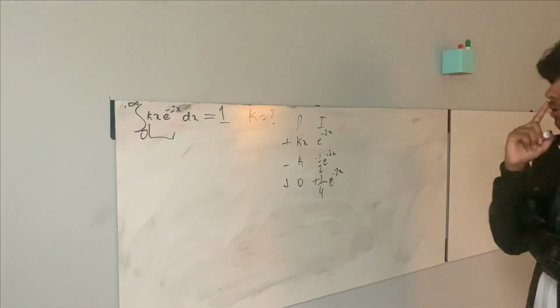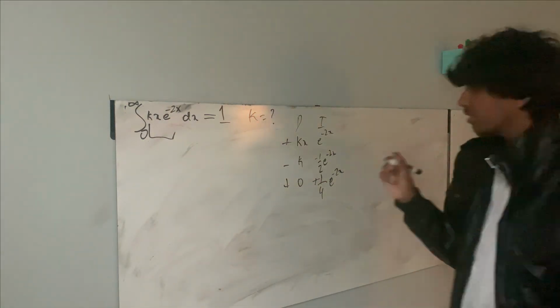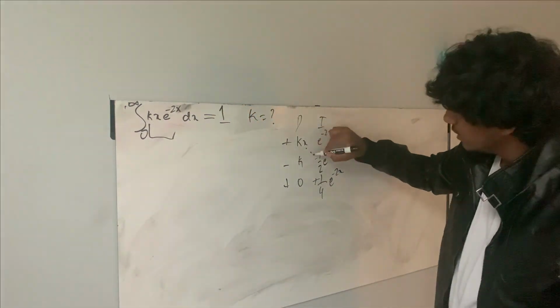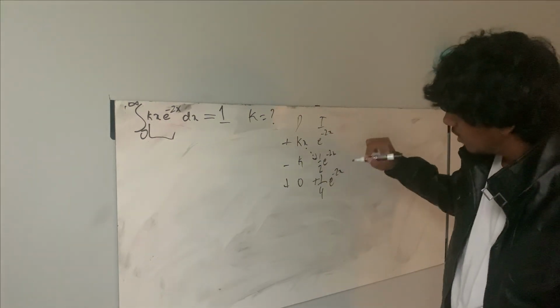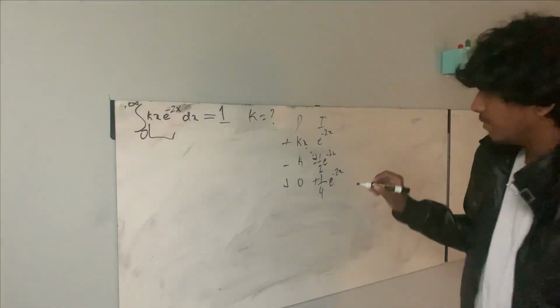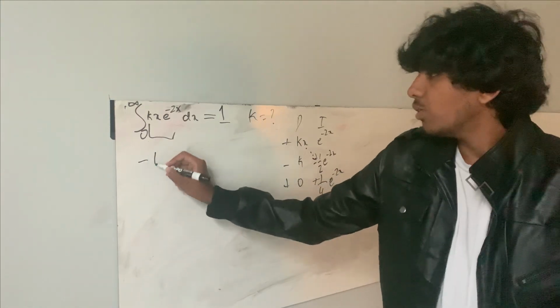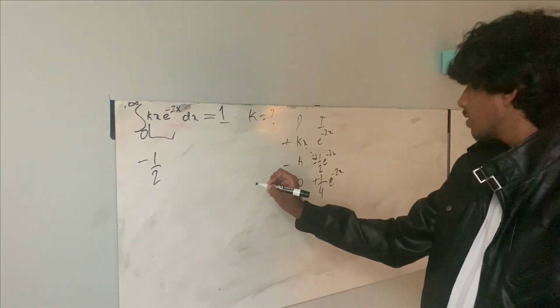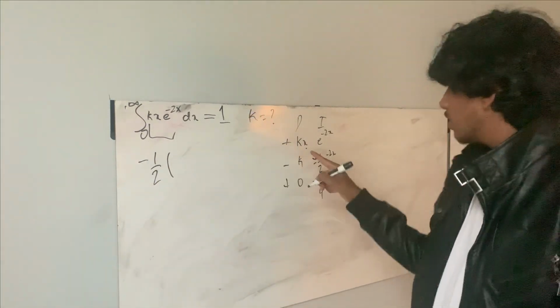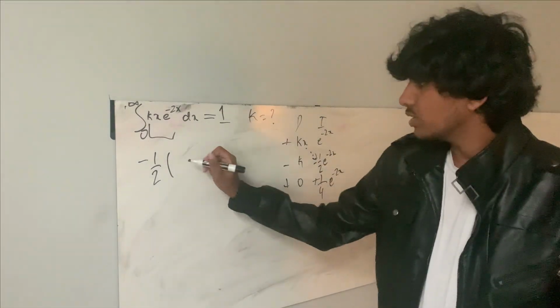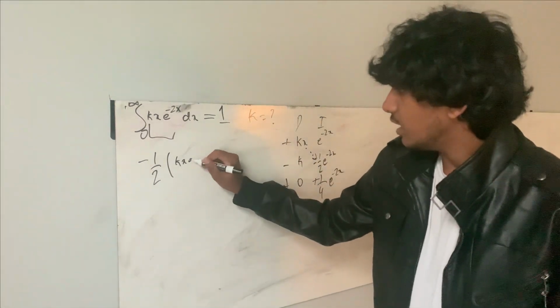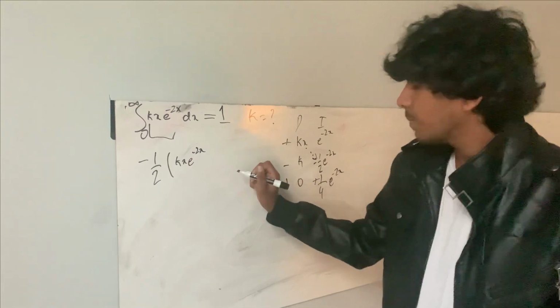Okay, so let's put this together now. This times this, it's negative here, I just wrote over the negative. So we're going to have negative 1/2 times kx times e to the negative 2x. So kx e to the negative 2x, right?